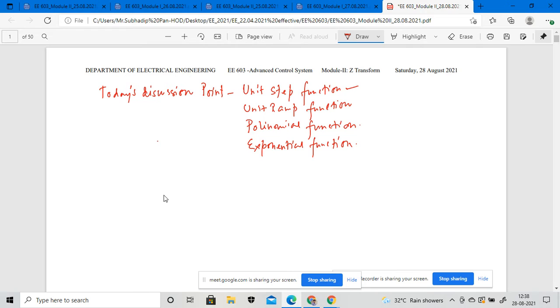We are considering the time function, x of t. So let us find out the Z transformation of a unit step function.